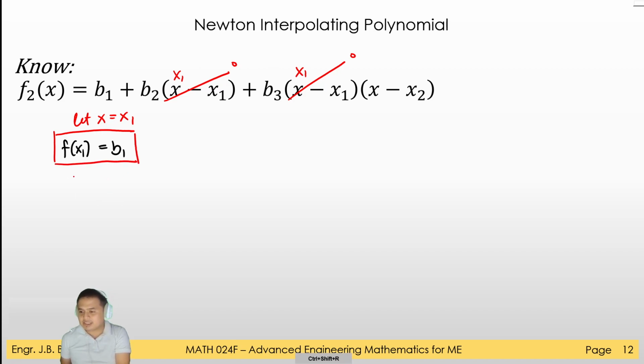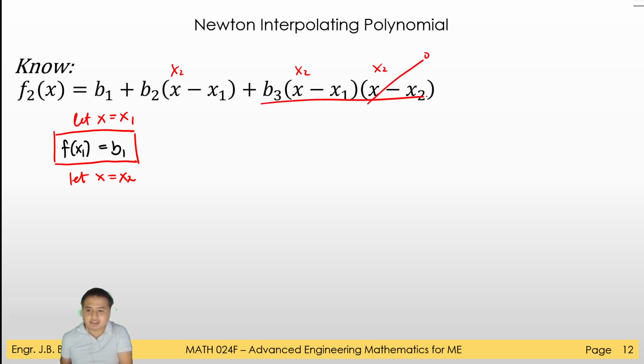And then let's say we have x equal to x2. So if x is equal to x2, this will become x2, this will become x2, and this will become x2. So x2 minus x2 will be 0 again, so we can cancel this term. What's left here is f of x2 equals b1 plus b2 times x2 minus x1.